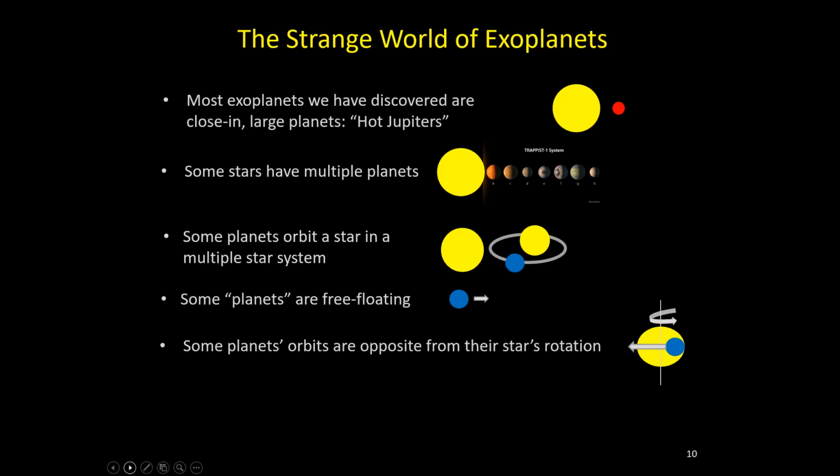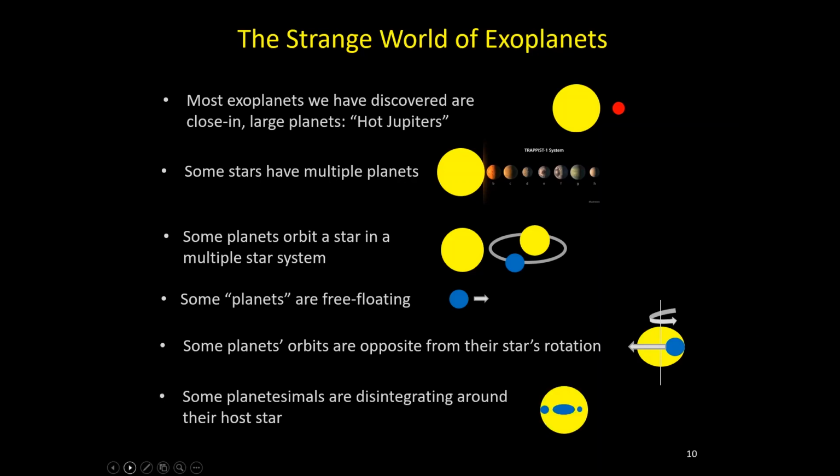And that's to say they're in this reverse orbital direction, probably because they were captured by their host star and are therefore not part of the original protoplanetary disk that created the star. Next. And finally, we have some stars we've identified that have planets that are disintegrating around them. And we see that through a sort of ring of varying degrees of light as this disintegrating path of material passes in front of the star. Next.